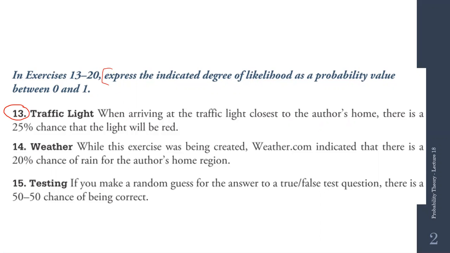We need to express this percentage as a probability value, so we divide this percentage by 100. Given 25 percent, 25 divided by 100 gives us 0.25. So P equals 0.25 for exercise 13.